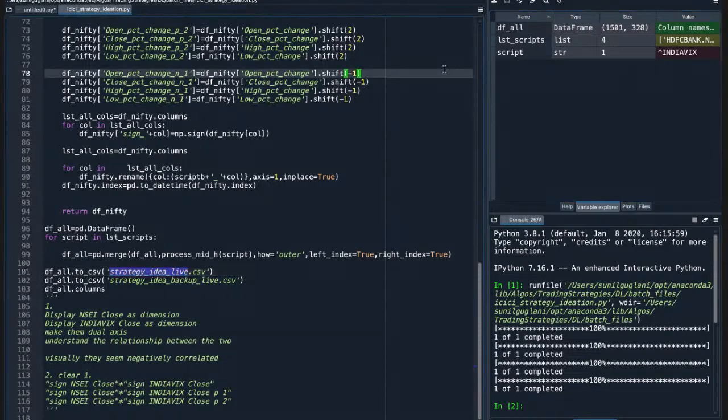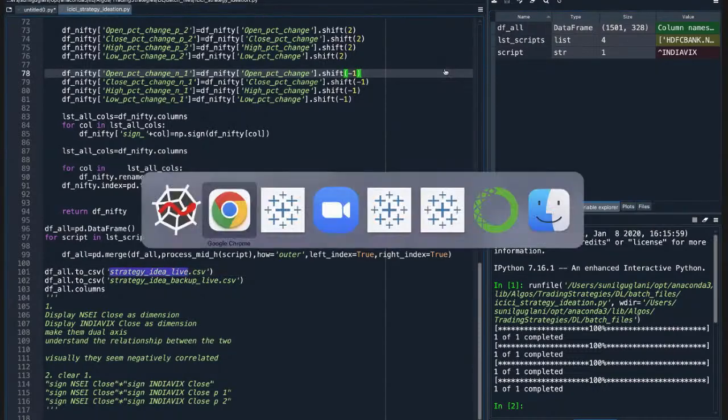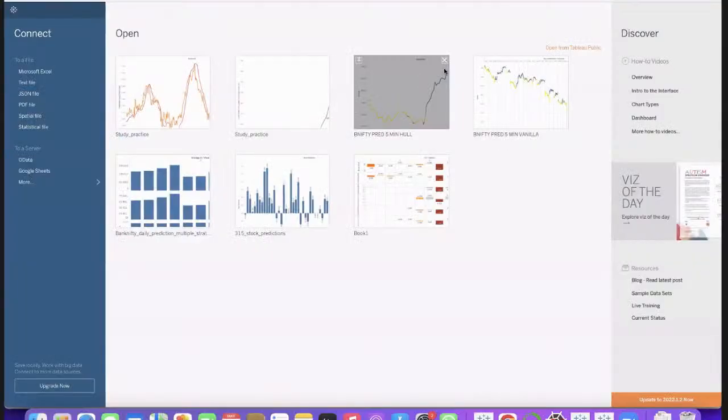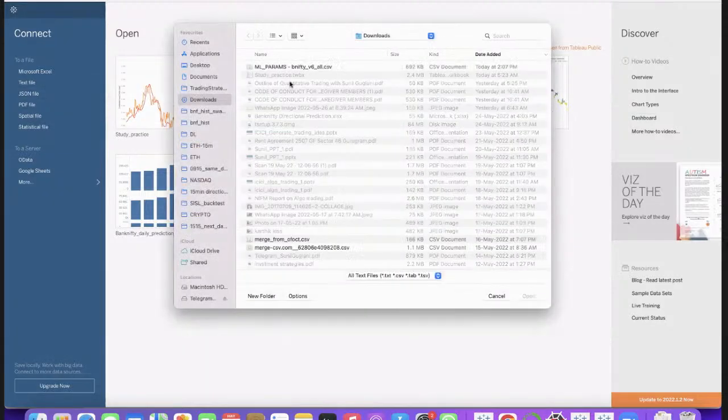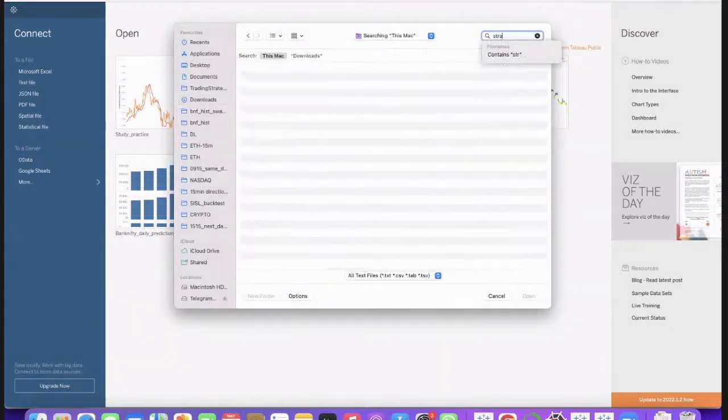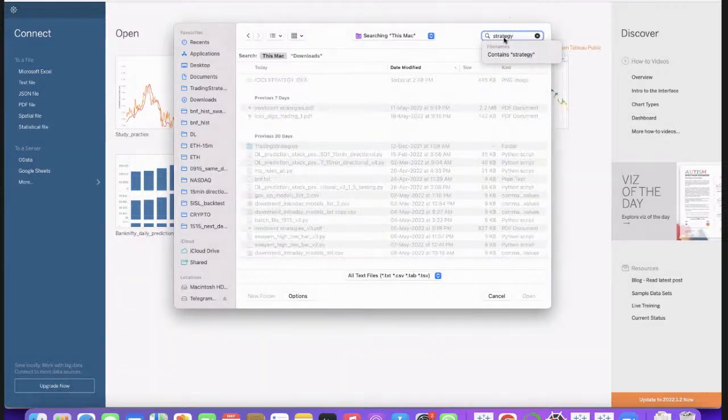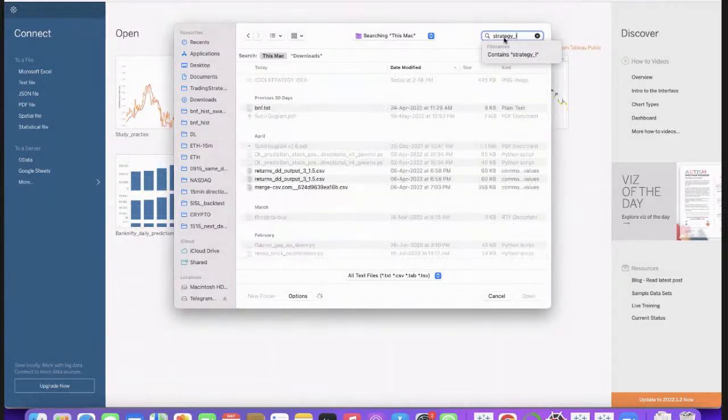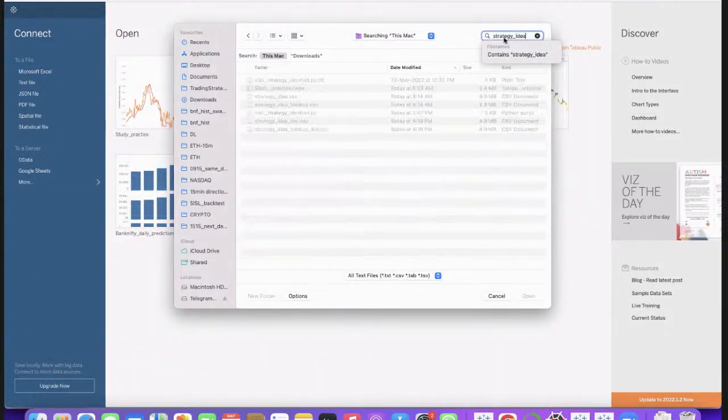So I'm moving to the Tableau part. Here I have already opened Tableau. I'll show you how to connect with the data. The name of the file was strategy idea live.